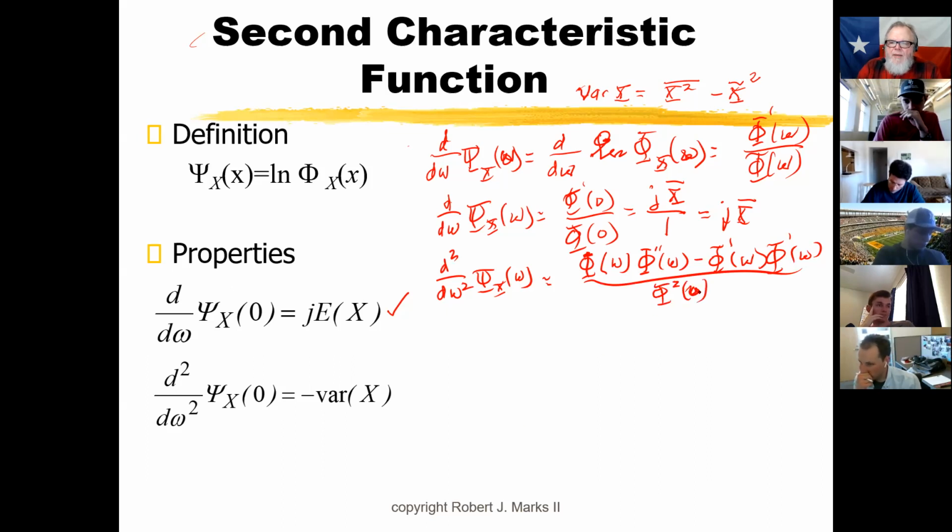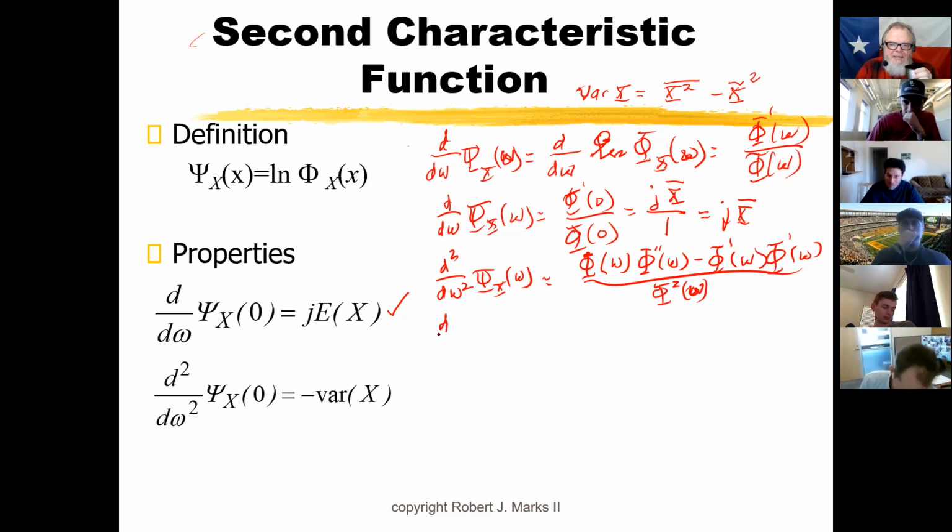Whoops, this should be omega, sorry. Do you recall that? Second month in Calculus 1, I believe, is where you derive stuff like that, right?